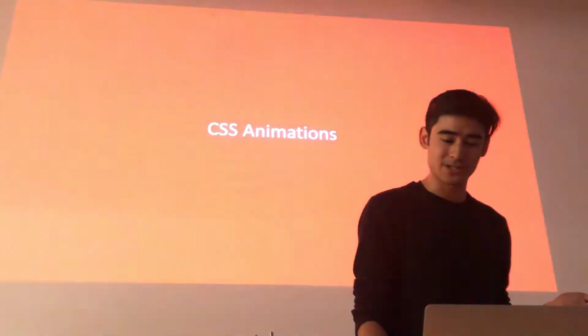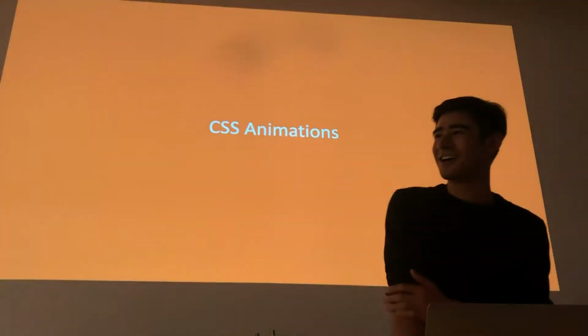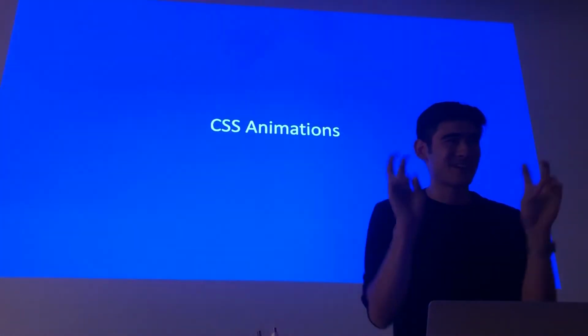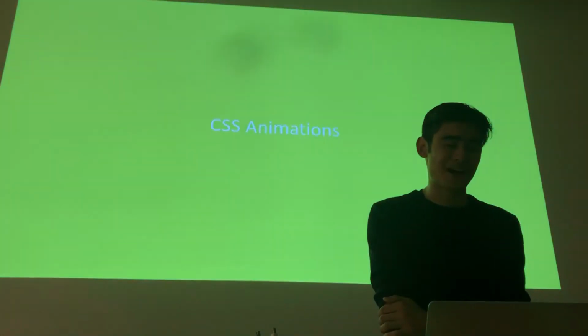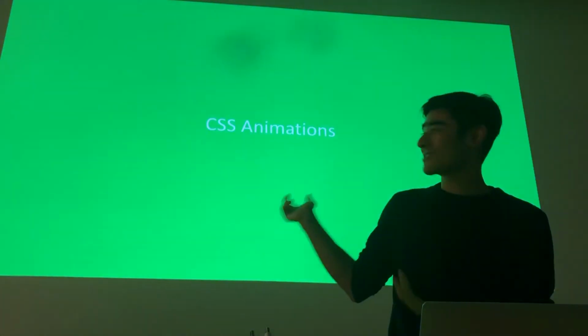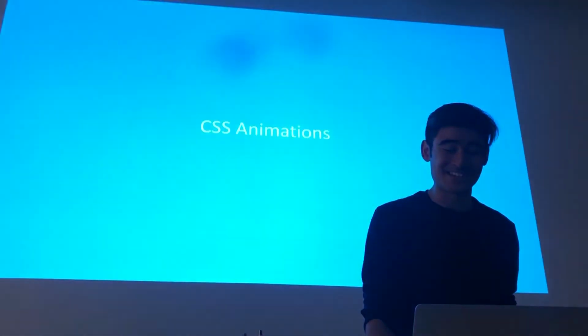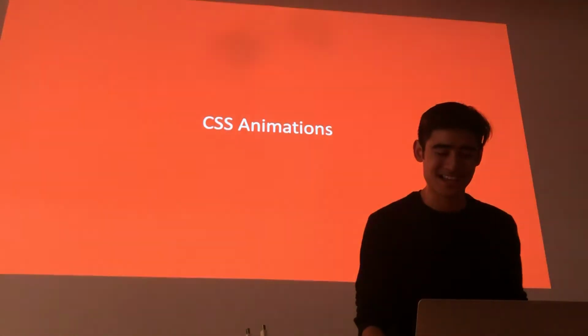And it has some affordances, one of which is CSS Animations. If you ever want to be a creative technologist working on the web, learn CSS Animations. The background's actually not a CSS animation. This is a GIF because it's Google Slides.